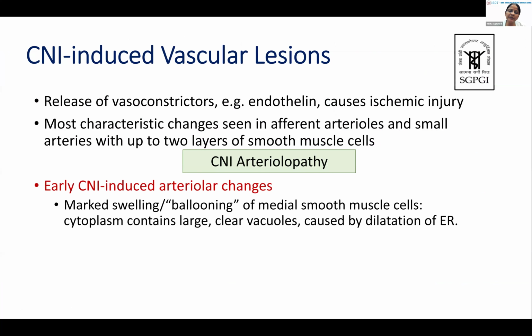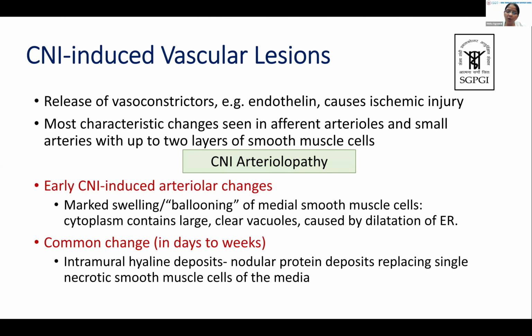The early CNI-induced changes in the arterioles are marked swelling and ballooning of the medial smooth muscle cells, which causes large clear vacuoles, caused again by dilatation of the endoplasmic reticulum. The common change which occurs is intramural hyaline deposits. Basically, these are nodular protein deposits replacing single necrotic smooth muscle cells of the media. Rarely, in severe cases of CNI toxicity in the vessels, you can see thrombotic microangiopathy-like changes.